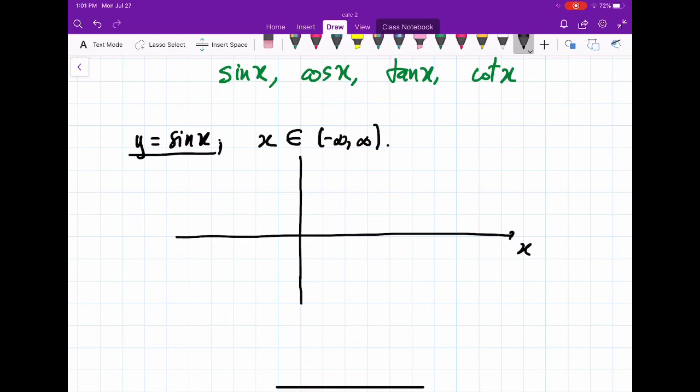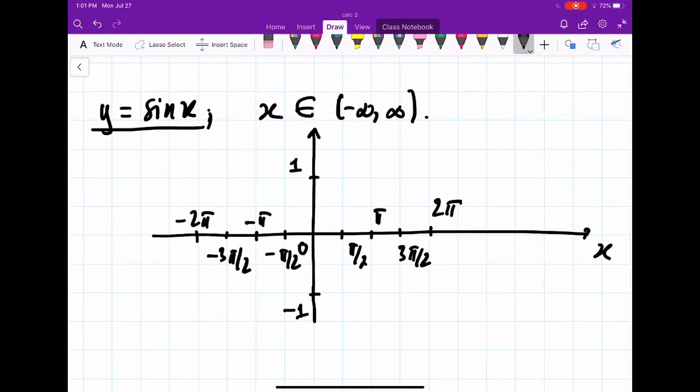This is x, this is y, this is 0, this is negative 1, 1 right here. Let's say we have pi over 2, this is pi, this is 3 pi over 2, this is 2 pi, okay? So in the other direction, you have negative pi over 2, negative pi, negative 3 pi over 2, and here negative 2 pi.